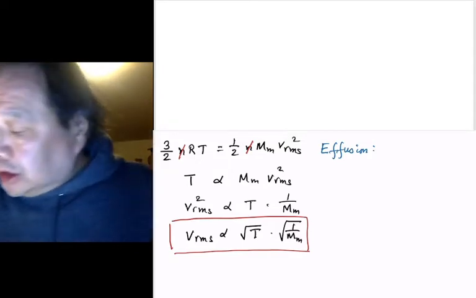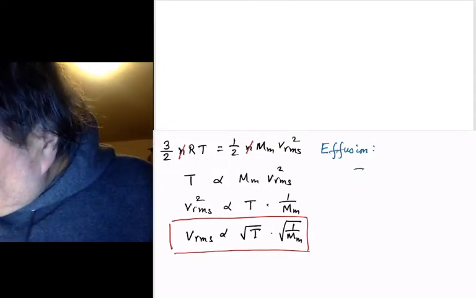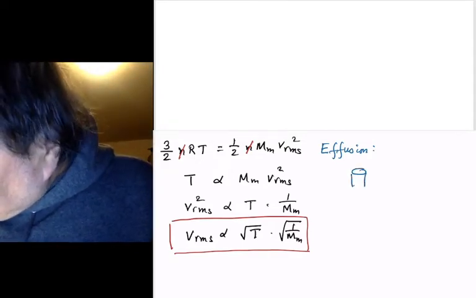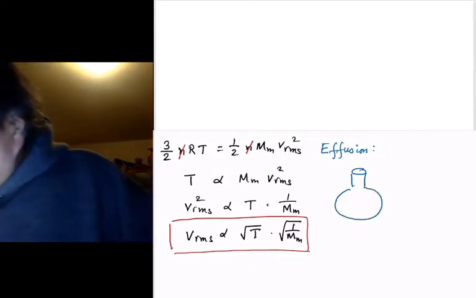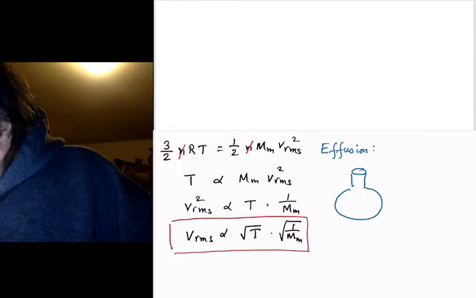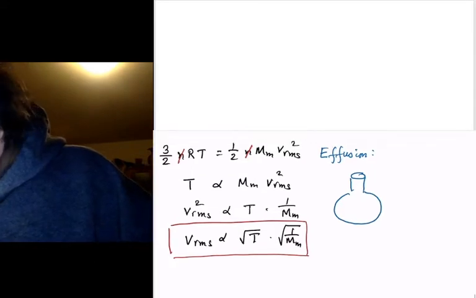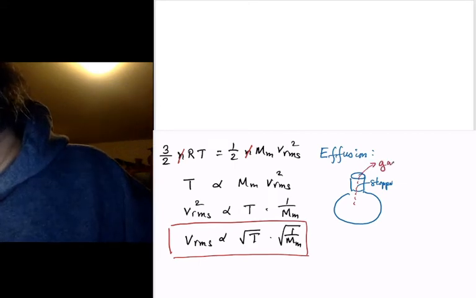Effusion is the property by which, here's a flask and here's a container, and there's gas in the container, but the flask has a stopper, and the stopper is not perfect, and so the gas slowly leaks out.